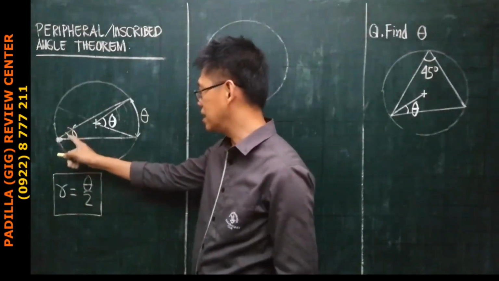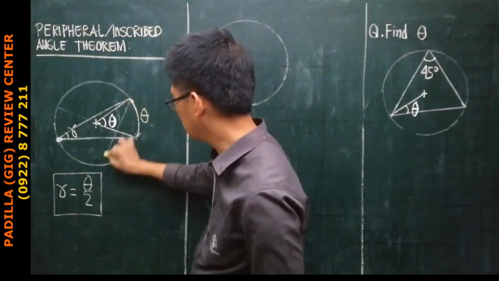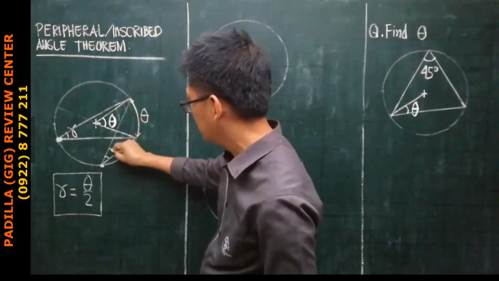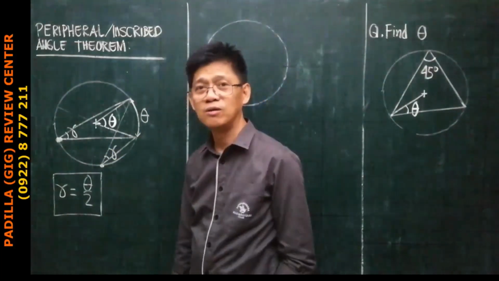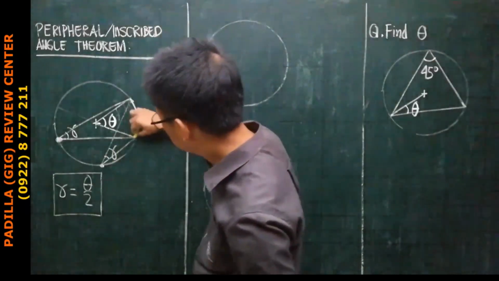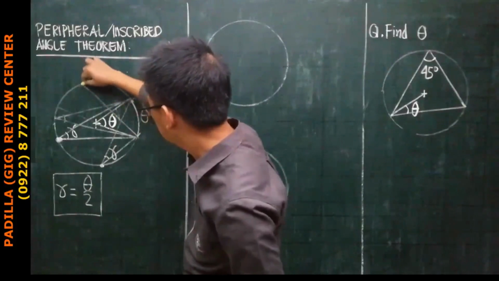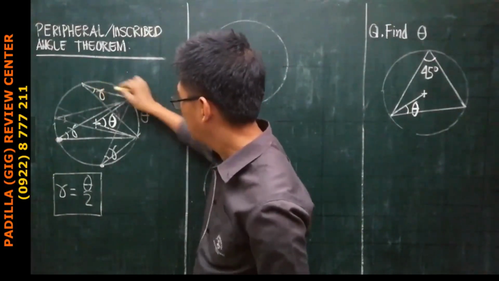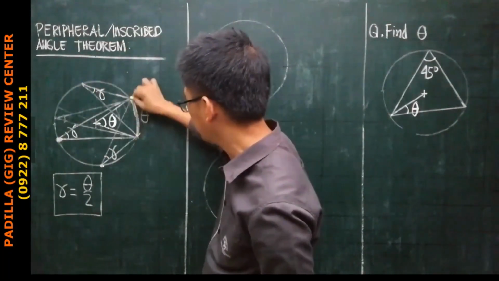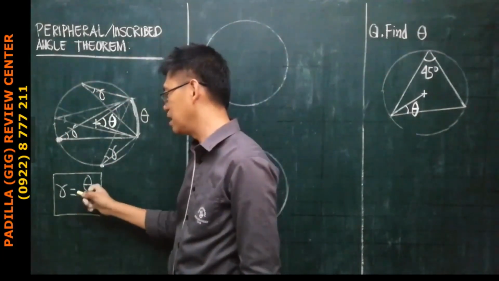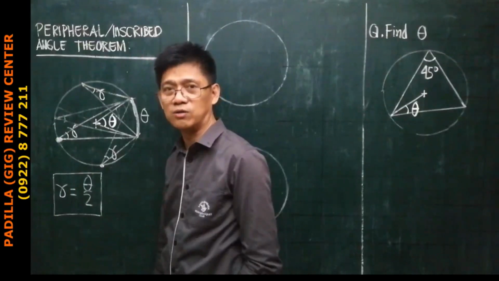Another peripheral angle opposite this arc is also theta over 2, which is gamma. This angle is also gamma, and this angle is also gamma. All of them opposite this arc, with the vertex on the periphery, are gamma, and they are all theta over 2.